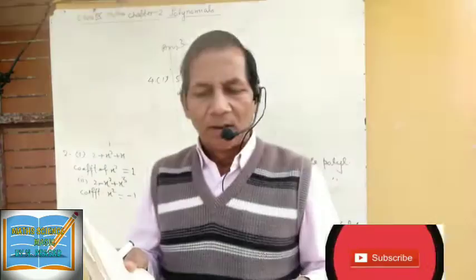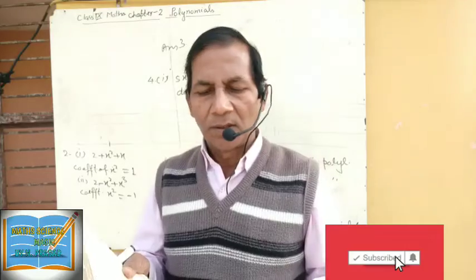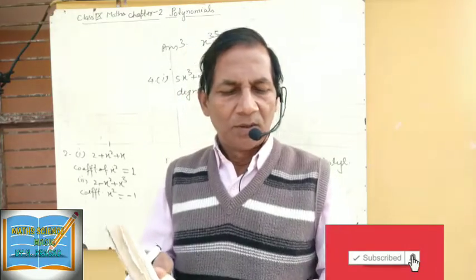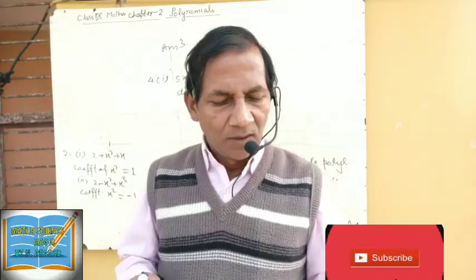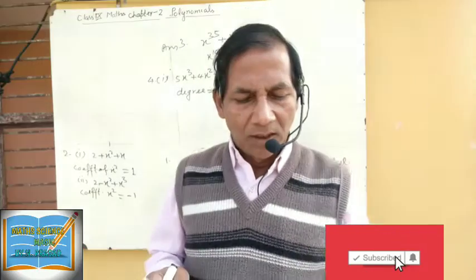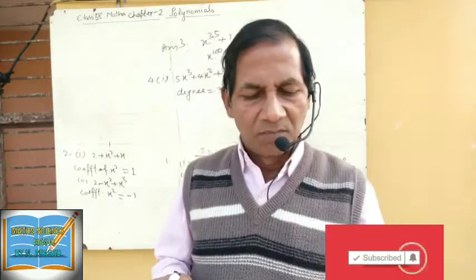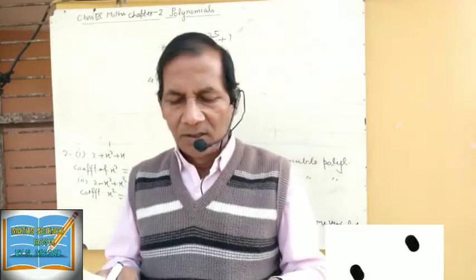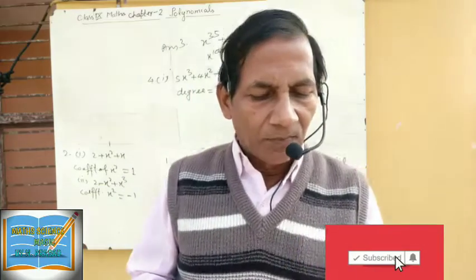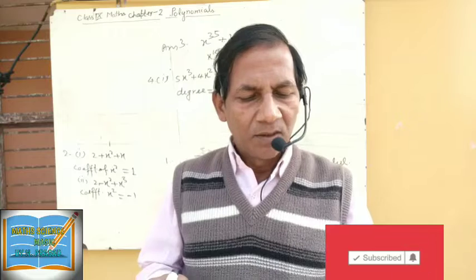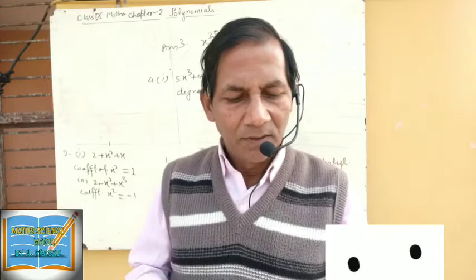Okay students, now the fifth question, exercise 2.1, the last question. You have to classify the following into linear, quadratic and cubic polynomials. I have already explained it, so I think there will be no problem. A linear polynomial means a 1 degree polynomial.